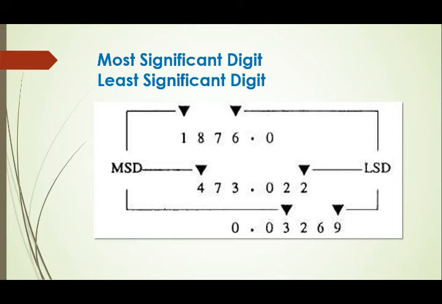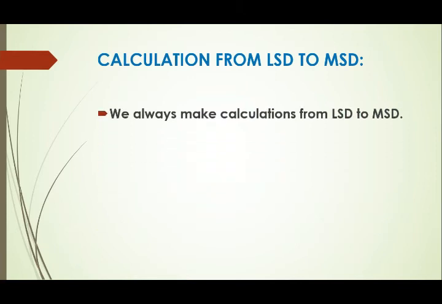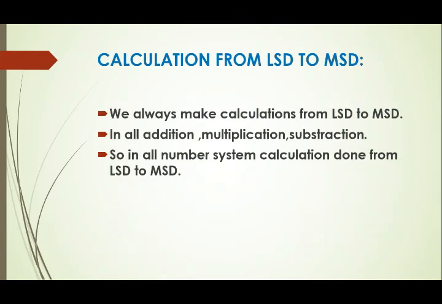I told you earlier also, we always count from least significant digit to most significant digit. In all additions, multiplications, subtractions, each and every time we do in any number system, calculations are done from least significant digit to most significant digit.